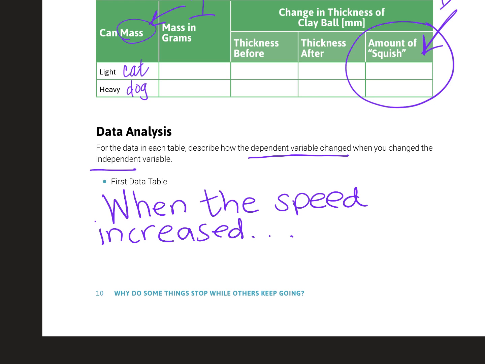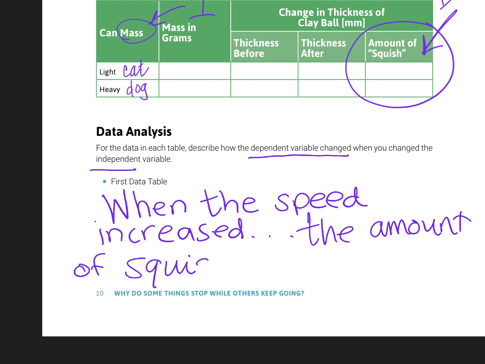So this is our independent variable. So what happened to the dependent variable, or the amount of squish? So when the speed increased, the amount of squish also increased. All right, so that should be what is in your workbook.